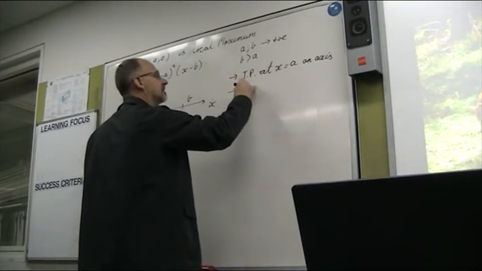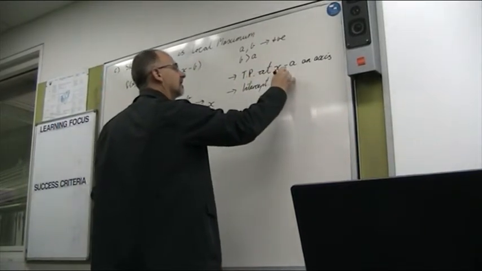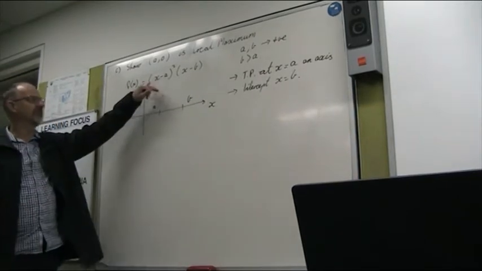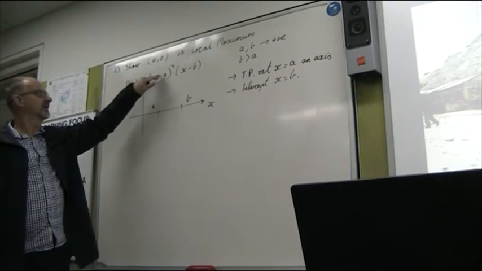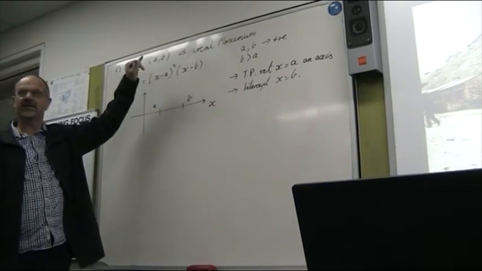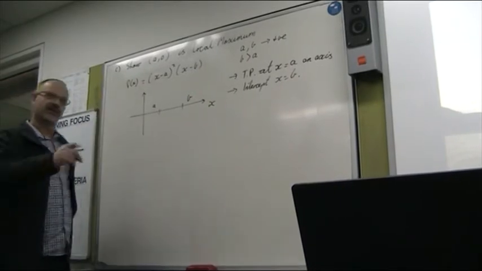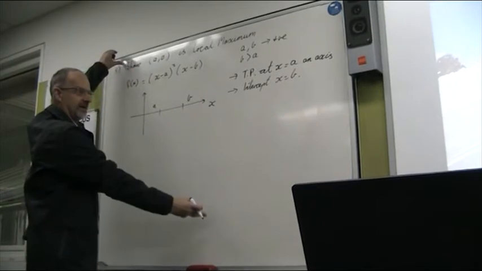We've got an intercept at X equals B. And what sort of graph is this? Cubic. So we've got a squared there and another X there, so it's a cubic. Now, is this cubic the normal one that starts at the left and finishes at the right, or the other way around?